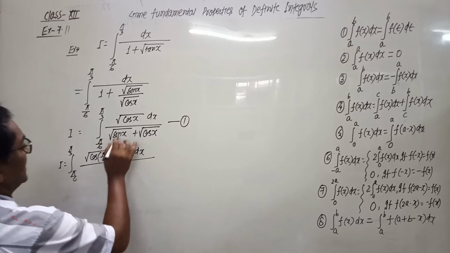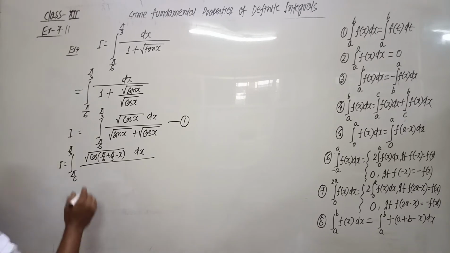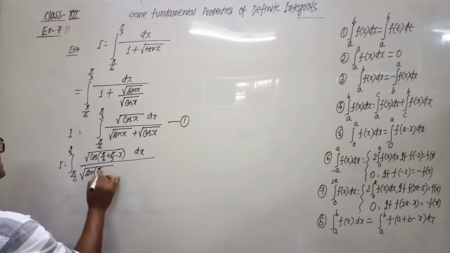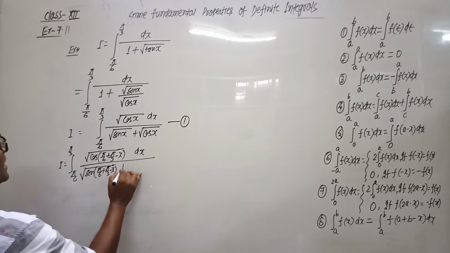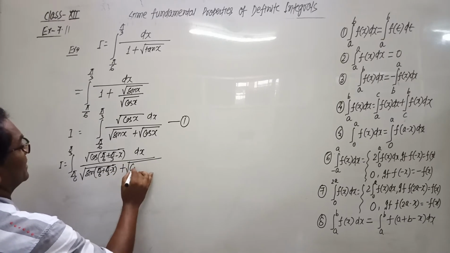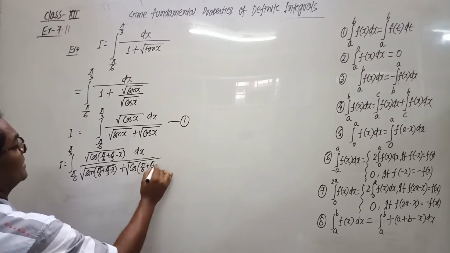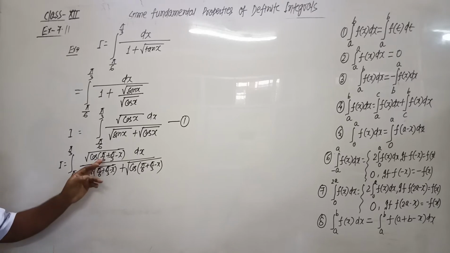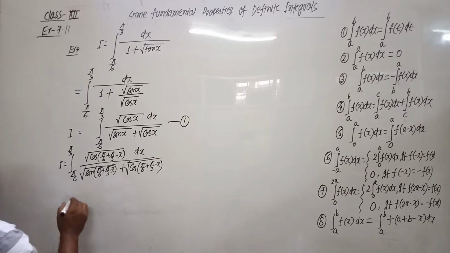And in the denominator, everywhere in place of x, it would be written a plus b minus x. So root of sin(pi by 6 plus pi by 3 minus x) plus root of cos(pi by 6 plus pi by 3 minus x). So pi by 6 plus pi by 3, taking LCM 6, we get pi plus 2 pi, 3 pi by 6, which becomes pi by 2.